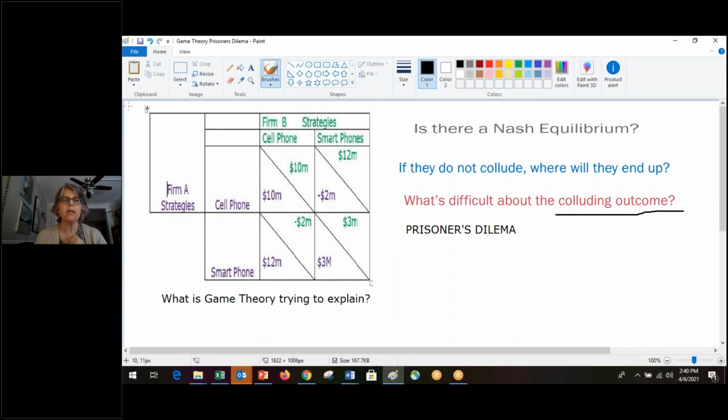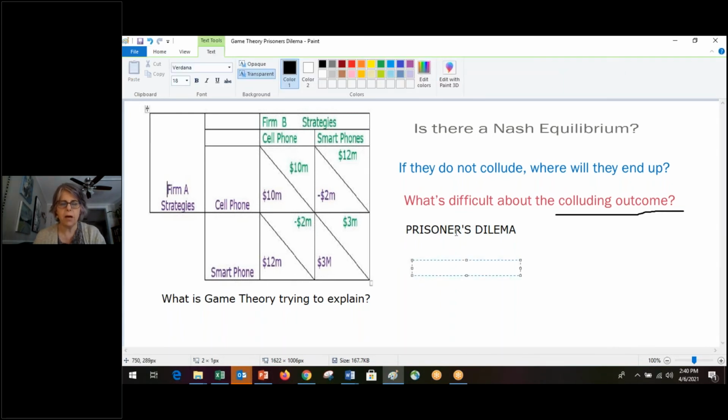One last thing before I leave here, let's see what a dominant strategy is. Do we have a dominant strategy? Dominant strategy for firm B. Well, for firm B, if they make cell phones, they can either make 10 or -2.